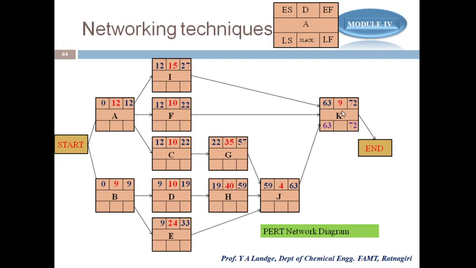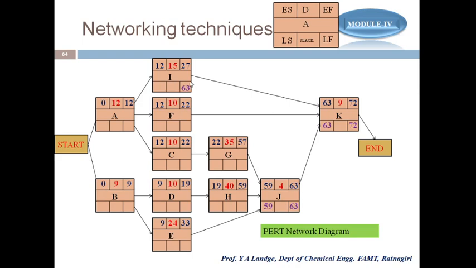So for J, which is the predecessor, the value of LF is 63, because the latest finish will be 63. It means the latest finish is the latest start of the forward activity. So here I'm taking 63, and 63 minus 4 will be 59.